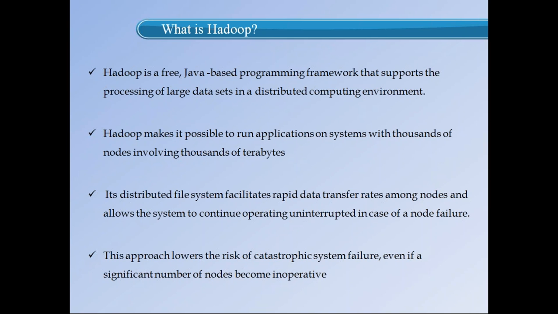So these are the beauties, and we can run thousands of nodes simultaneously. We can store thousands of terabytes. In a traditional database system, we can't process terabytes, but under Hadoop, we can process terabytes of data.